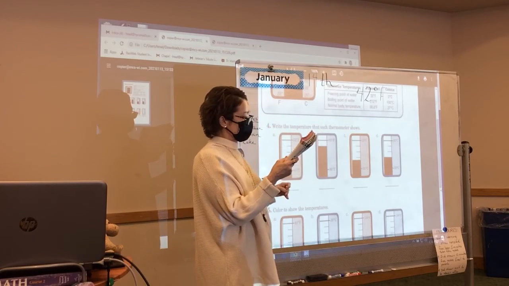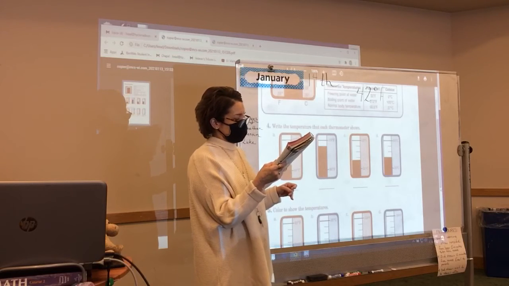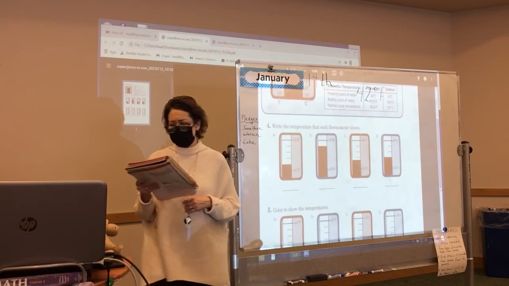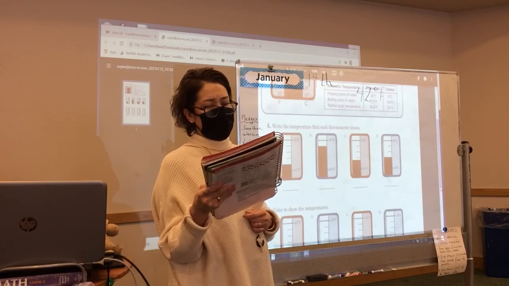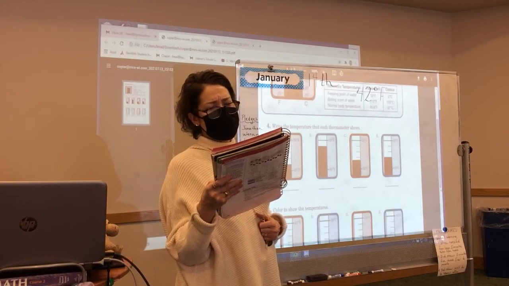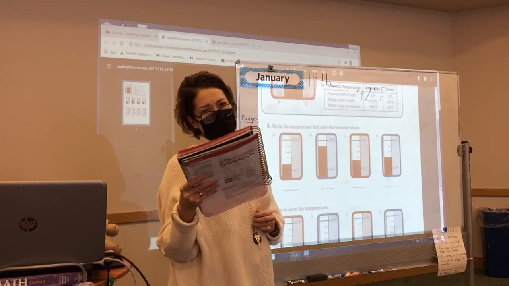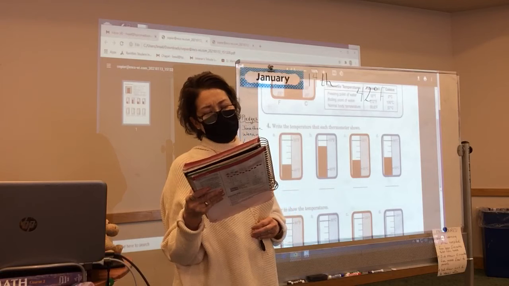Let's move down to 5. Color to show the temperatures. What is the freezing point of water? You can use reference to the top if you have forgotten, and then you fill in where that is. What is the freezing point of water? 32 what? Beautiful.